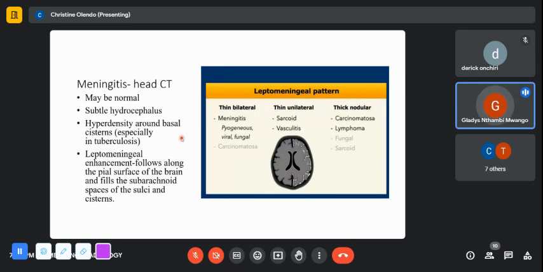So is there any herniation? Those are things that you should all know how they look. Any transtentorial herniation, or through the foramen magnum, tonsillar herniations, that is what has to be very clear in your report.